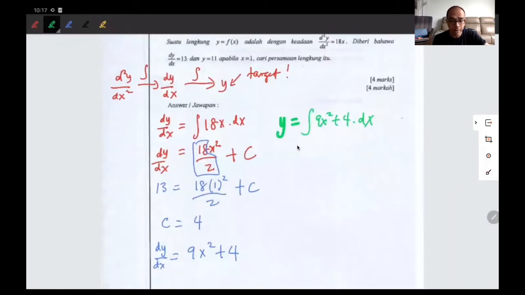Bila kita integrate dy dx, which is this, kita akan dapat y. So this will give us 9x cubed over 3 plus 4x over 1 plus c. Again, plus c. We still have the plus c over there.